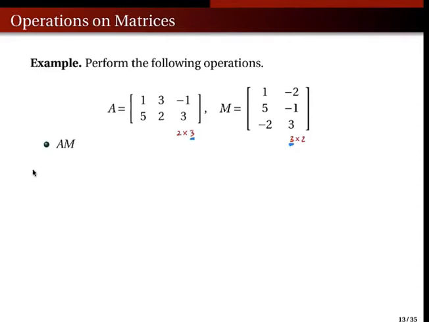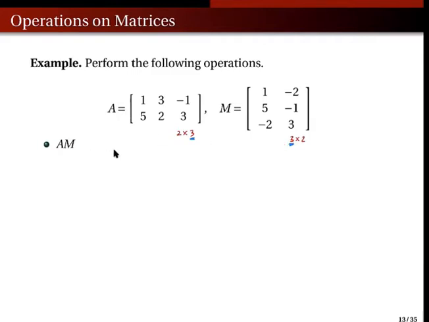What matters for us to do the multiplication AM is that this one here is the same as this one. So the number of columns of the left factor must be the same as the number of rows of the right factor.